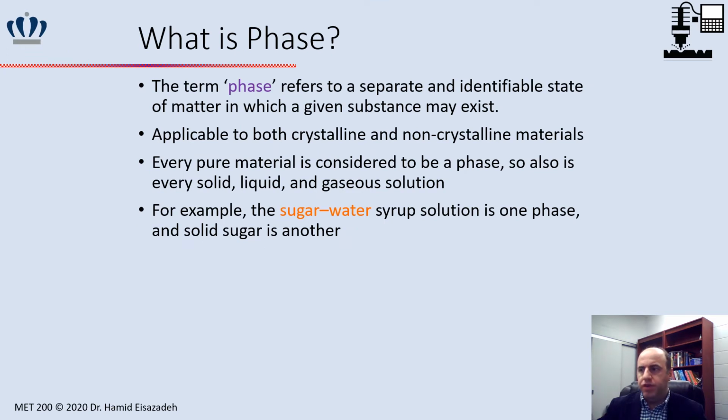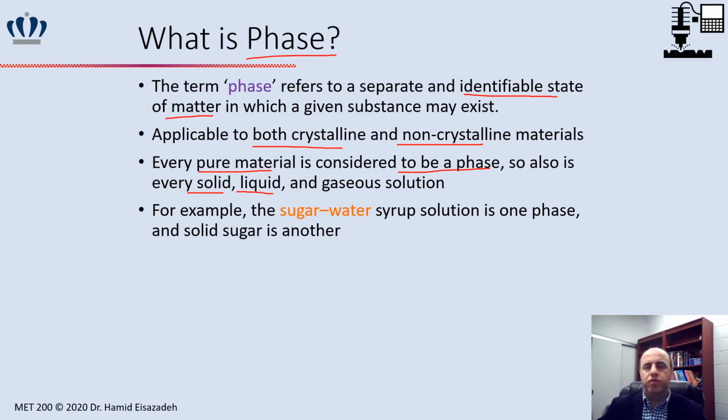What is a phase? A phase is a separate and identifiable state of matter, and this can be available for both crystalline and non-crystalline material. And also we can consider every pure material to be a phase. So if you have one material, for example water, in solid state, it's one phase. If you have liquid water, then it is another phase.